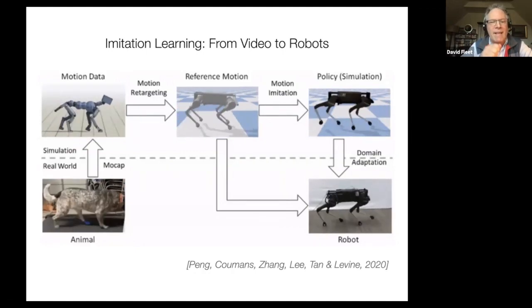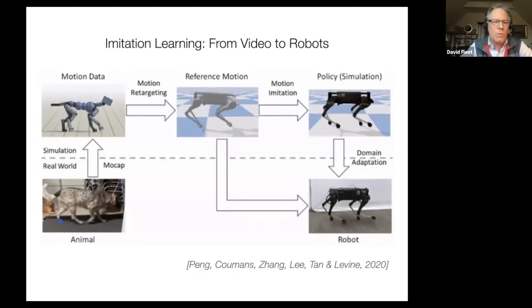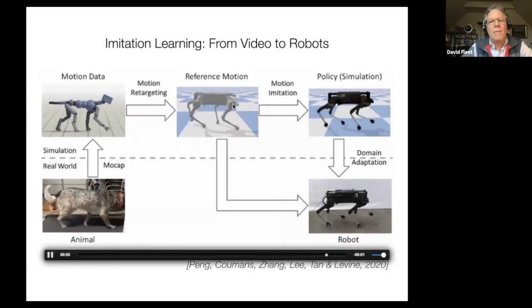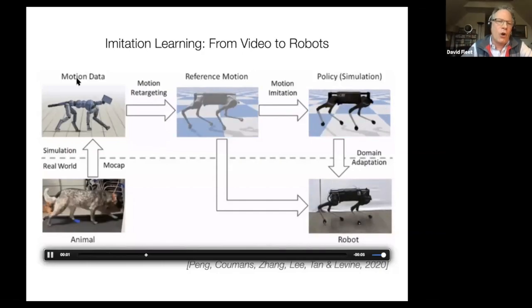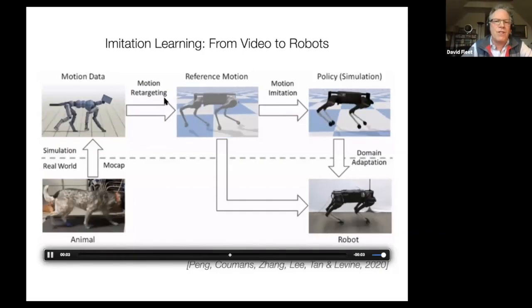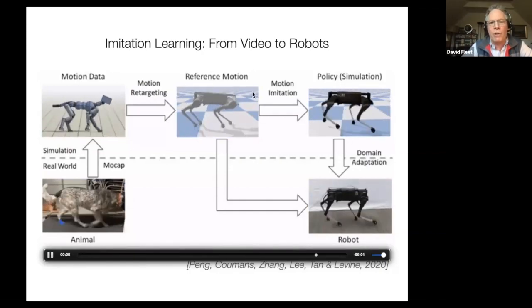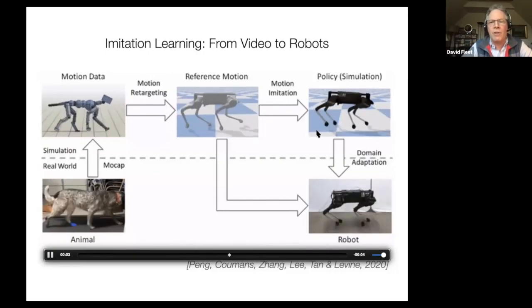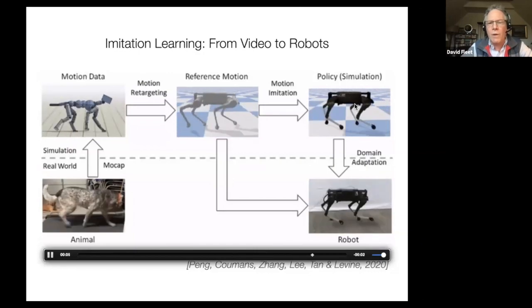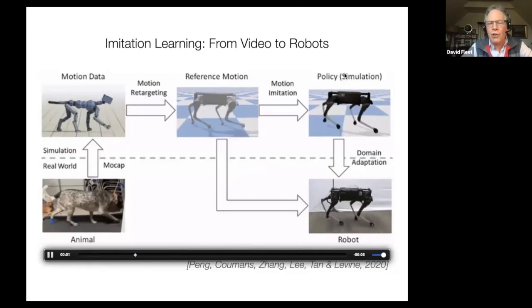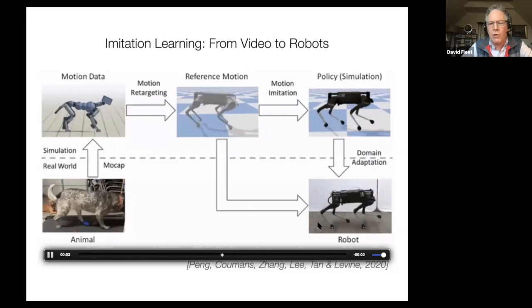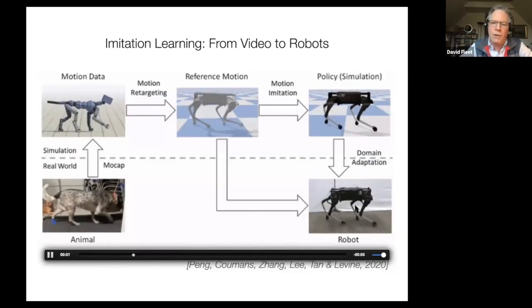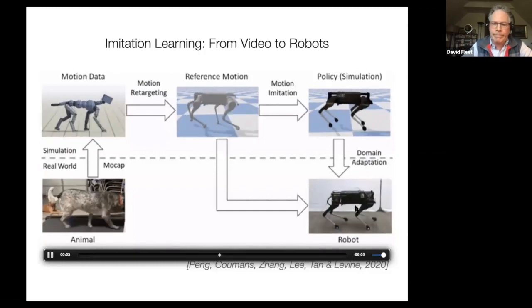And by being able to find these semantic correspondences, you can then go into the virtual domain and think about targeting the motion you see onto a reference motion of an object in simulation, for which you can then learn a policy, and then with some domain adaptation to close the gap from simulation to the real world, they were able to train policies on real world robots.